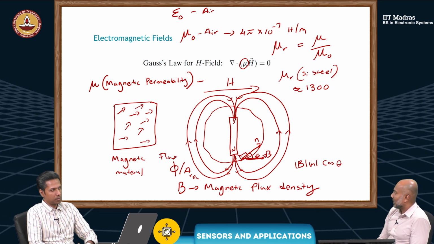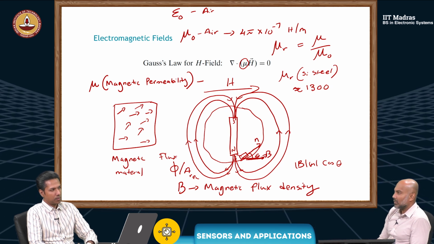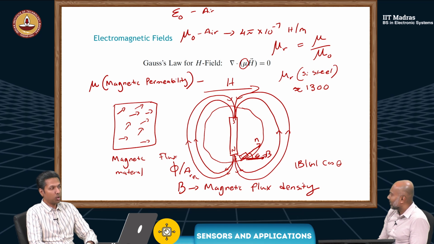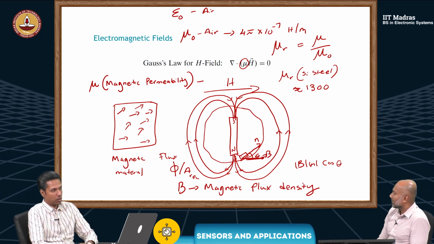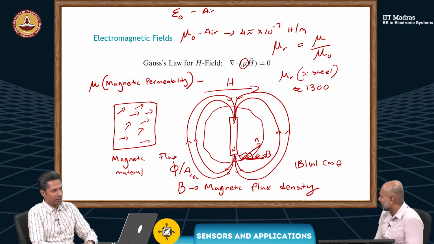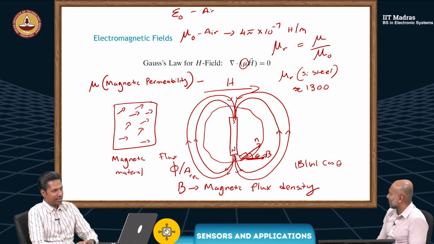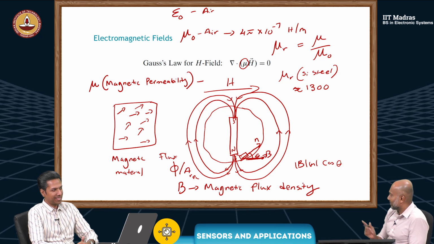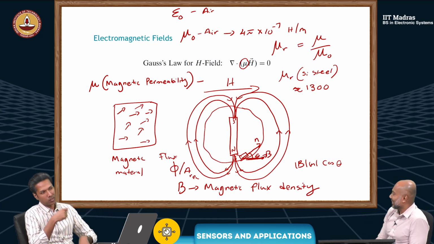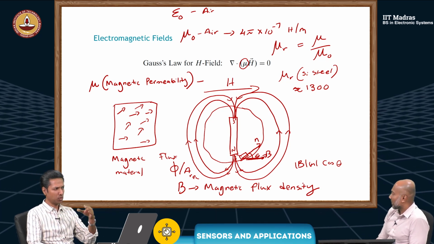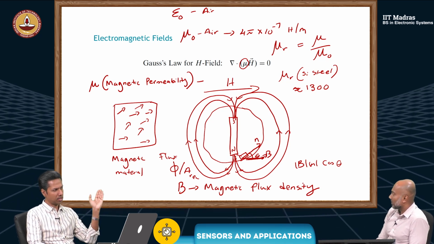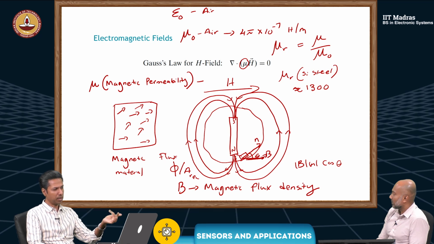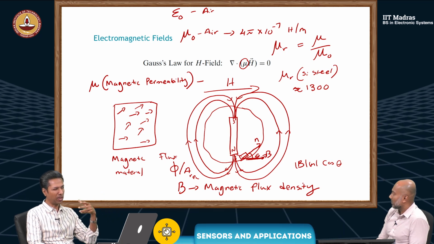There are composite cores of similar range with very large mu R, but 1 lakh, I don't think nickel or neodymium reach that. Permalloy also has a very large value. There are various materials available, but mu metal and permalloy are well known.